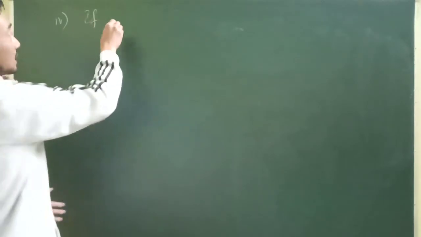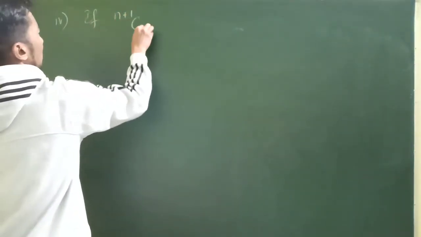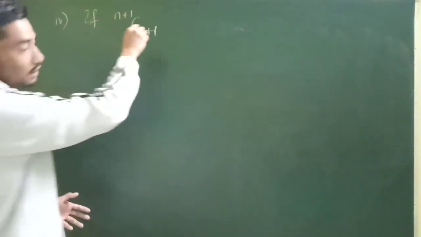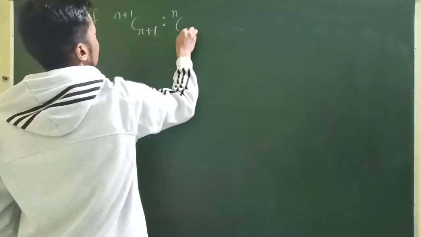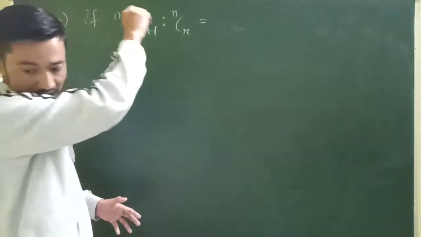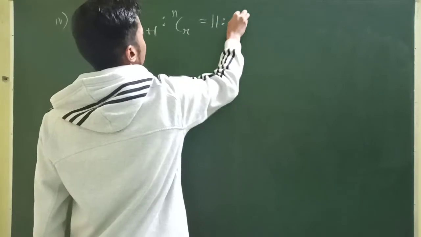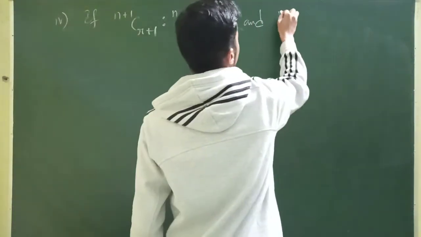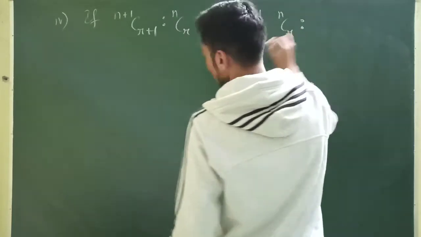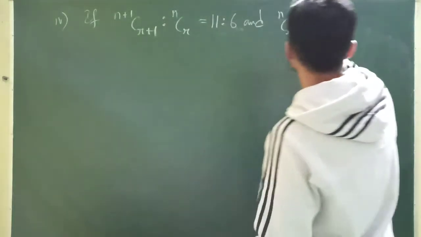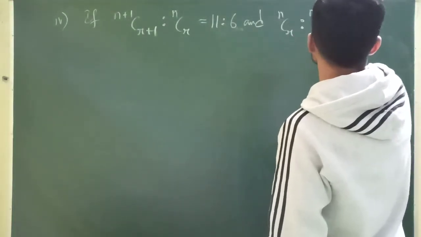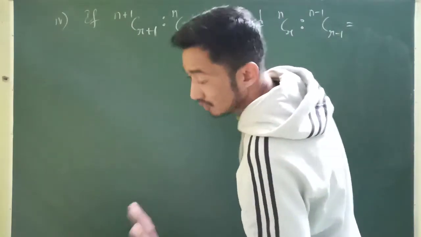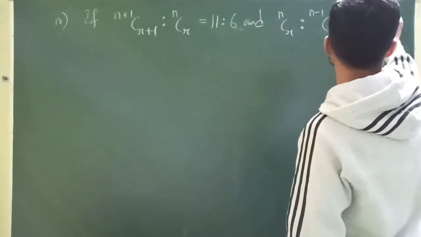If n plus 1 C r plus 1 is to n C r is 11 is to 6, and the other condition is n C r is to n minus 1 C r minus 1 is equal to, these are good practice questions.